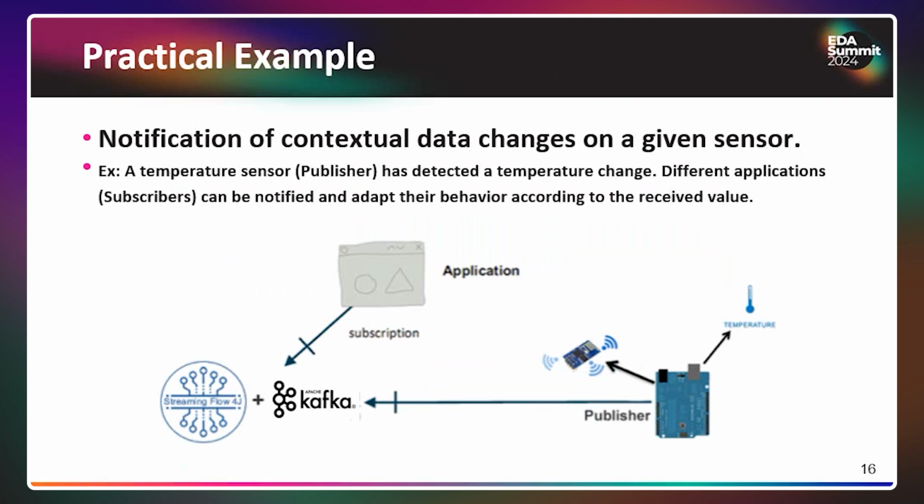You want a sensor captured by maybe some Arduino simulating here, and you will be the publisher, and then you just need to detect the temperature change. And different applications, our subscribers, as I said in our slide before, with data hubs and consumers, can be notified by that and adapt their behavior according to the received value.